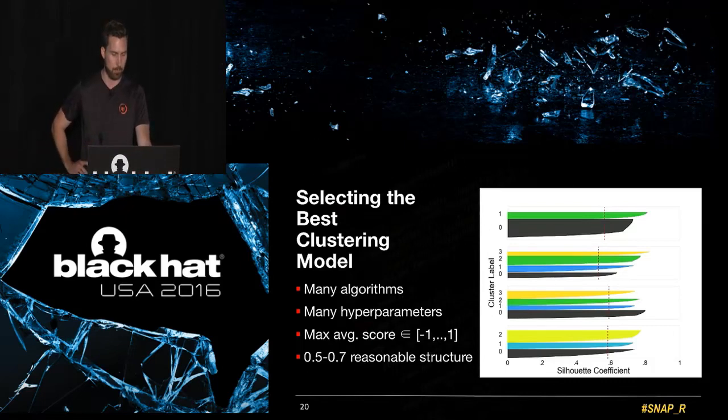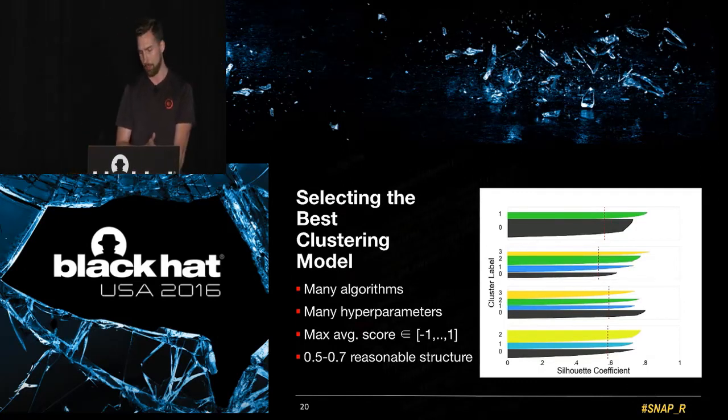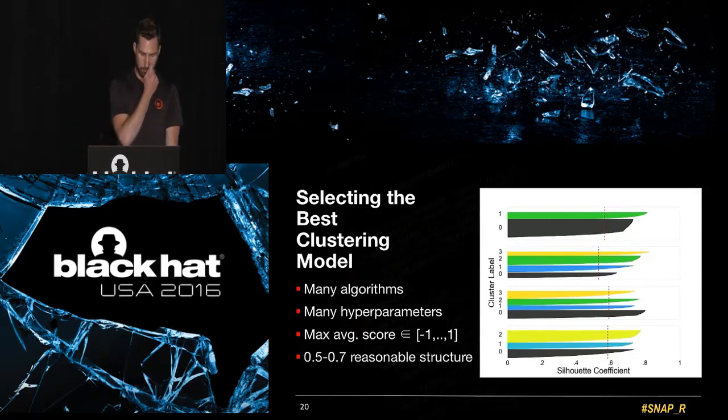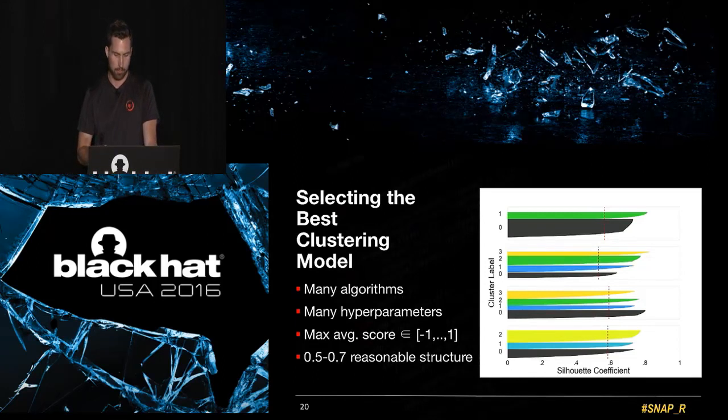We found that for the model we ended up selecting, we have a silhouette score around 0.65, and in the literature this is thought of as a reasonable structure to select from. In this plot here, you have different algorithms and different numbers of clusters. This is the parameter we're tuning here, 1, 2, or 3, and they're labeled starting at 0.